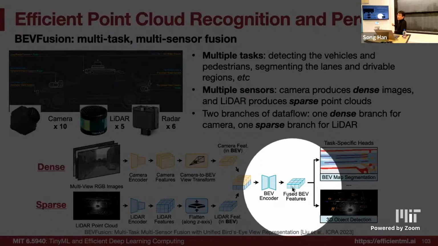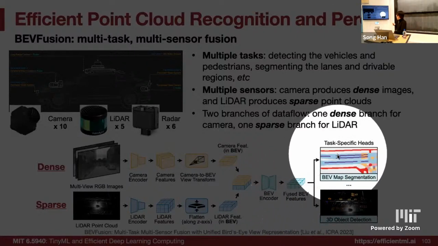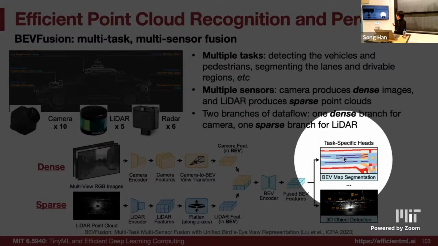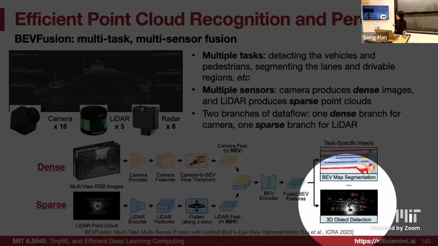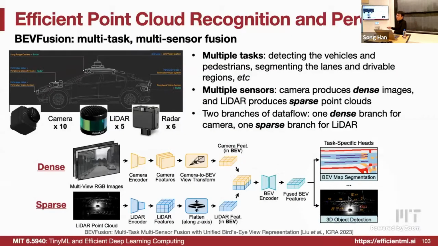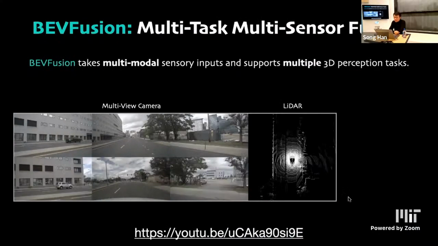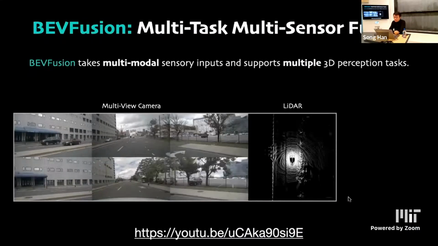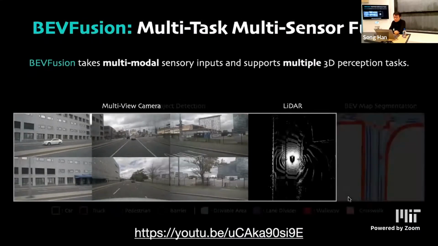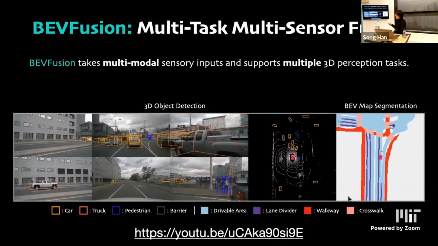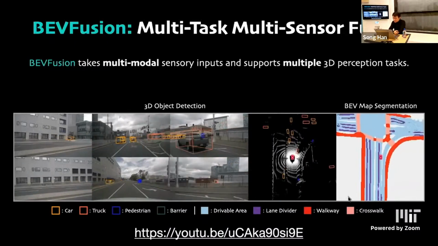And we can use multiple heads to decode that. One head for the map segmentation to get the road, and the other for the 3D detection to get the bounding boxes for the cars. So this is the demo of BEVFusion using multiple sensors as the input to do joint 3D object detection for the cars, and also the BEV map segmentation on the right.